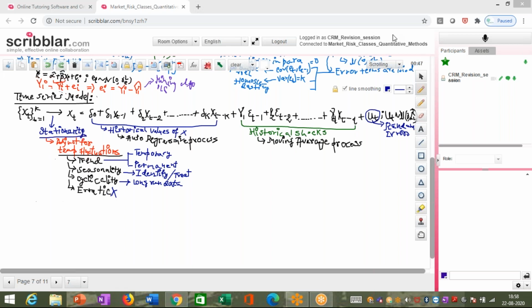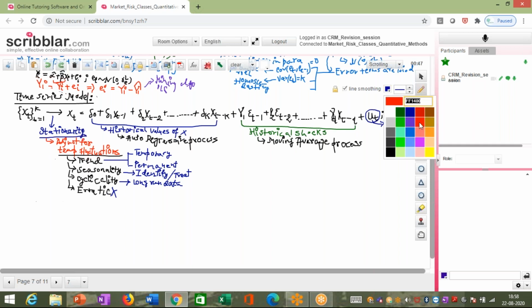So the next thing we need to identify is whether the time series is stationary or not. But before that, there are a set of validation checks that we need to do. I would do a stationarity analysis if the time series is non-stationary, and if I decide to go ahead with the time series analysis.